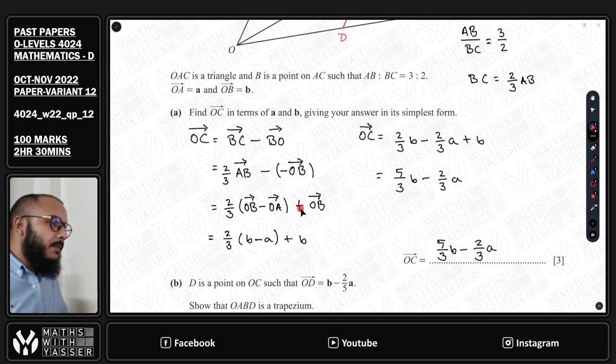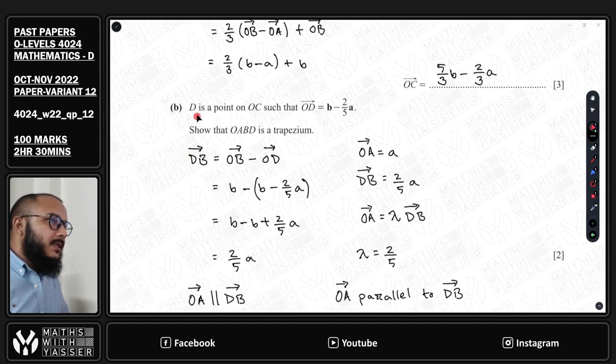Two negatives will give me a positive. So it will become plus OB. And we are provided with the values for OA and OB. So OB is B and OA is A plus B. So if we simplify further, this will become 2/3 of B minus 2/3 of A plus B, which is 5/3 of B minus 2/3 of A. And that is the answer for part A.